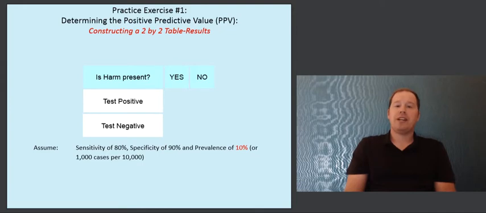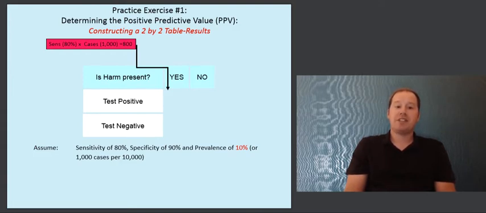What's the positive predictive value of this test given that prevalence? To do this, we again construct the 2x2 matrix that we did in the last lecture, asking, is the harm present, yes or no? And is the test result positive or negative? Let's start with the upper left quadrant. We're asking, given that the person actually has the disease, what's the number of cases in which they will also test positive?